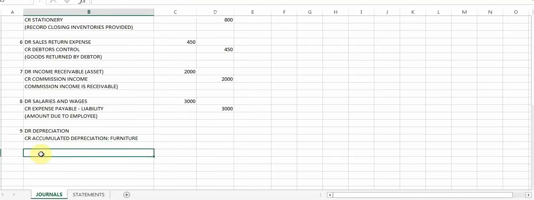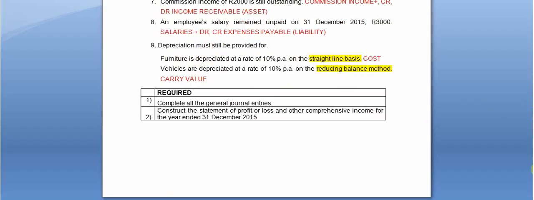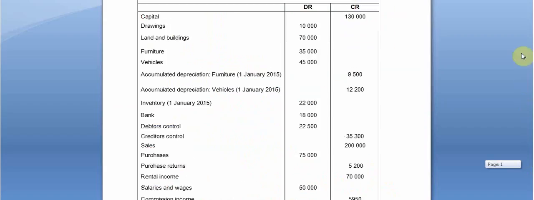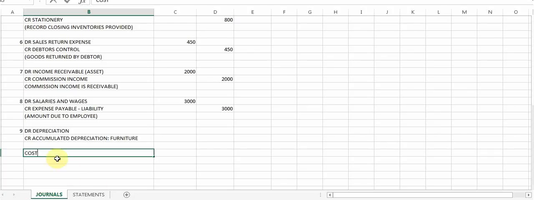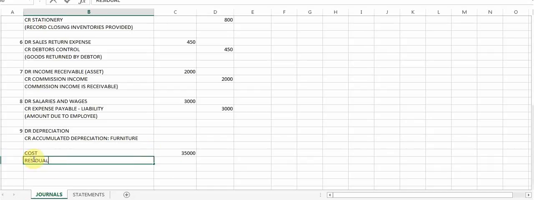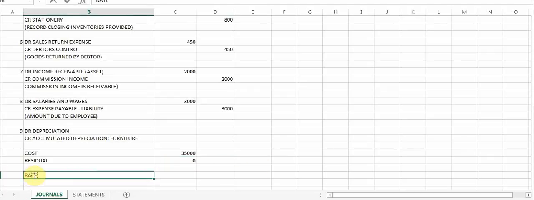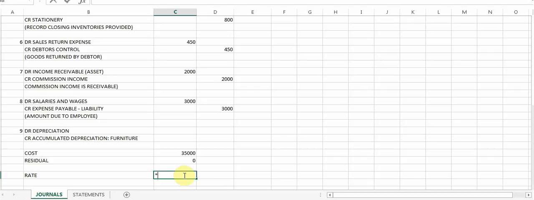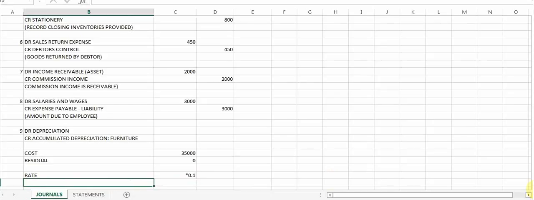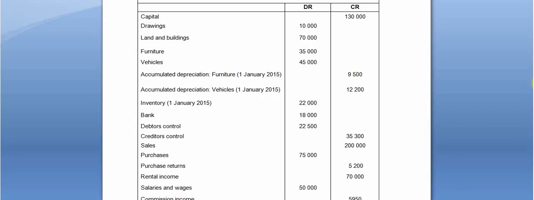Then I need to go and do a calculation. In the question, they tell me that it's on the straight line basis for furniture. So I need to go and find the cost of the furniture. The cost of the furniture is 35,000. And there is no residual given, so that's 0. Then I need to see what the rate is. They say it's 10%, so I need to multiply by 0.1. And then I need to check for the months. Did they give me a sale or a purchase date?